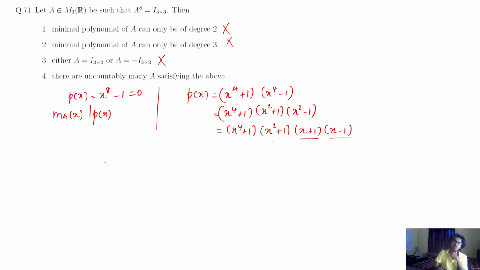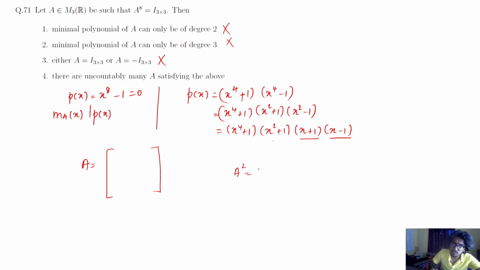Let us come to the last option. So there are uncountably many A satisfying the above. Is it so? Let me try to construct a matrix A that gives me A power 8 as identity. I don't have to go till A power 8.